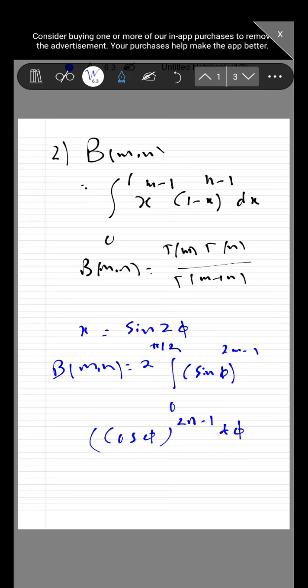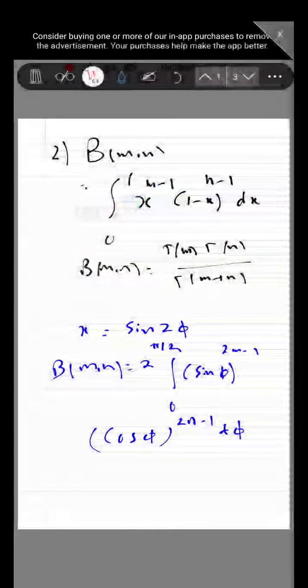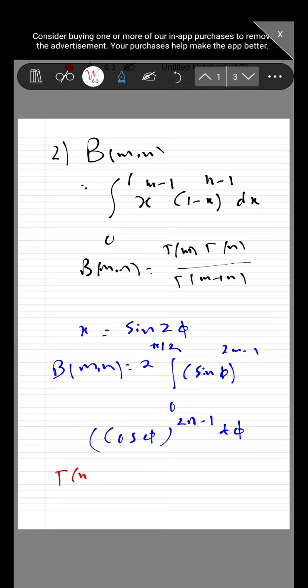Now we know that gamma n is equal to 2 into the integral 0 to infinity y to the power 2n minus 1 into e to the power minus y square dy.